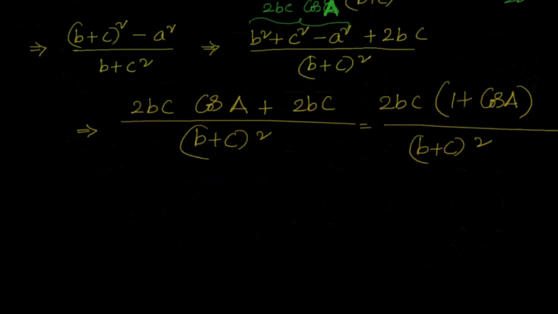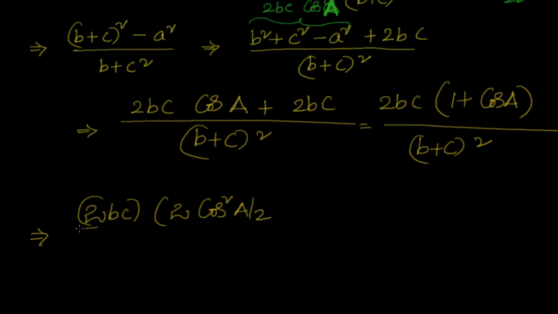Now we know that 1 plus cos a is equal to 2 cos square a by 2. So I can write it as 2bc into 2 cos square a by 2 divided by b plus c whole square. This is cos square theta.